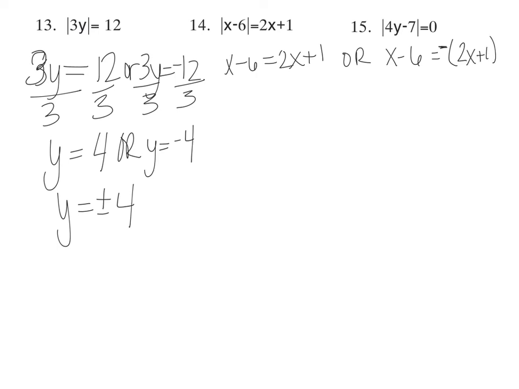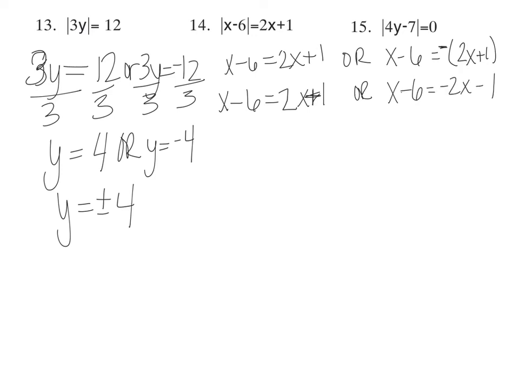The whole expression has to change signs. So I get x minus 6 equals 2x plus 1, or x minus 6 equals negative 2x minus 1.